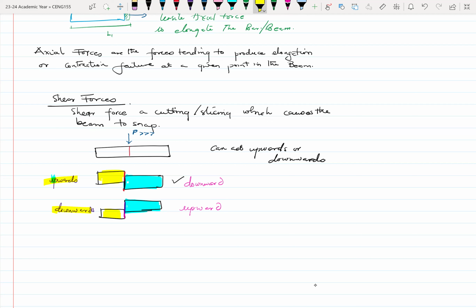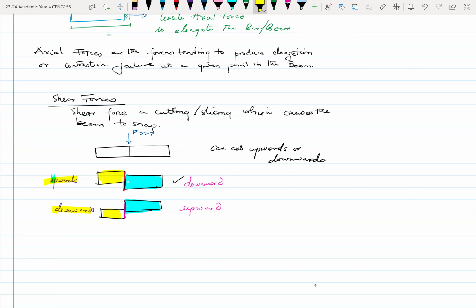Let's take a note of that. Definitely for us to have that slicing effect, it means that one should drop below the other. So anytime we have shearing behavior, it means that one is dropping below the other, or one is moving above the other.